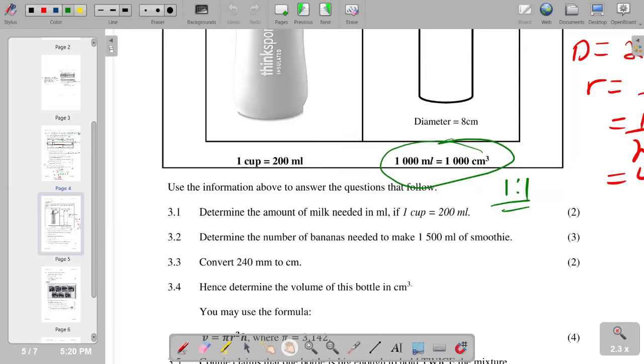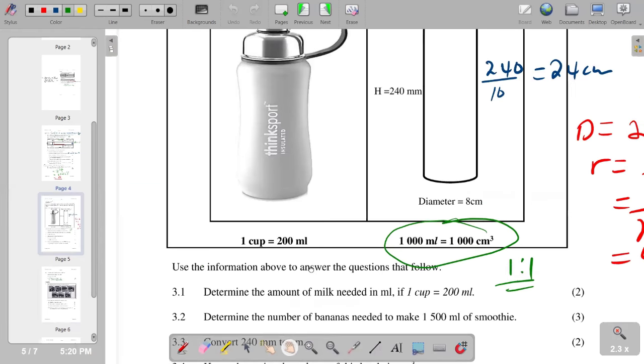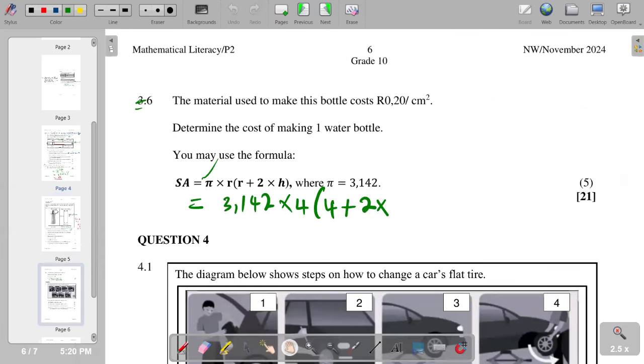So we multiply by 4, in brackets we have got 4 again, and then we add 2, and then we multiply by h, which is the height. Remember, our height is 240 millimeters, which we then reduce to 24 centimeters. So we multiply by 24 centimeters.